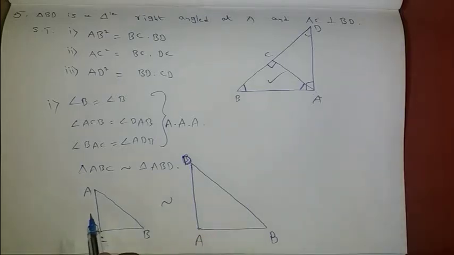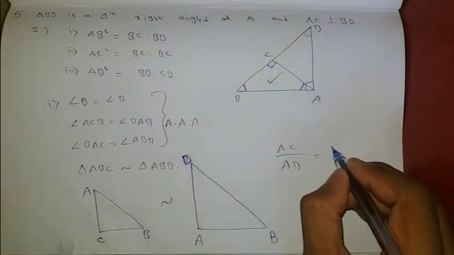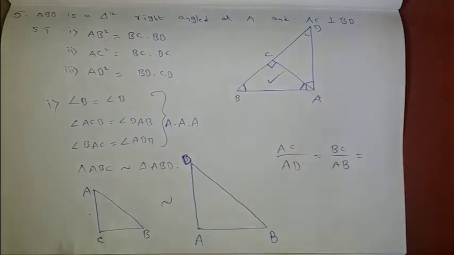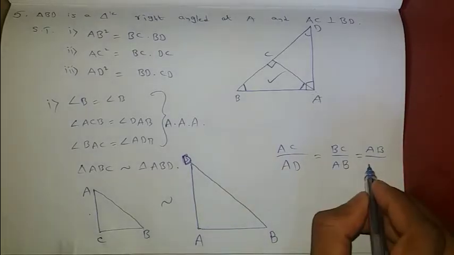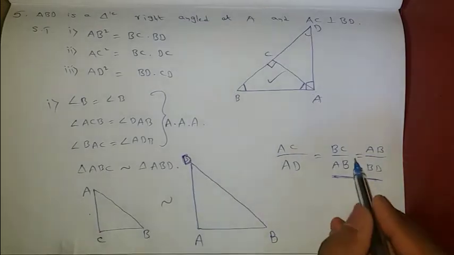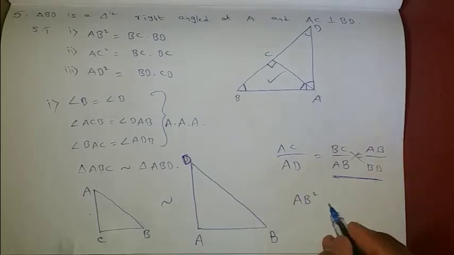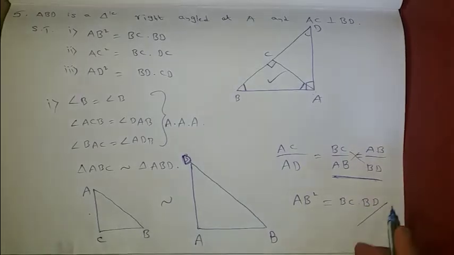First triangle side AC divided by second triangle side AD is equal to first triangle base BC divided by second triangle base AB is equal to first triangle hypotenuse AB divided by second triangle hypotenuse BD. Now I will take the last two and cross multiply. AB into AB, AB square is equal to BC into BD. So hence proved.